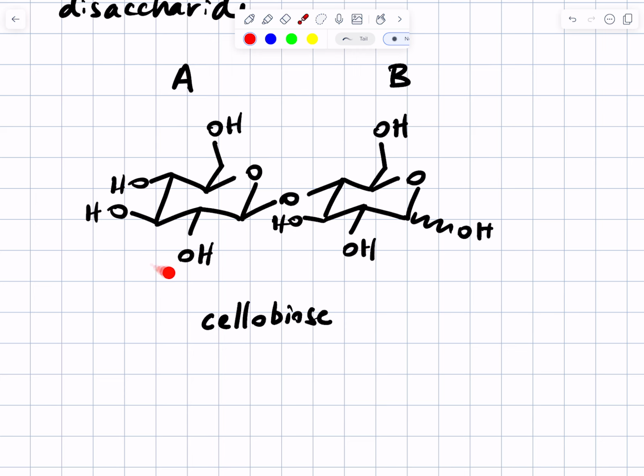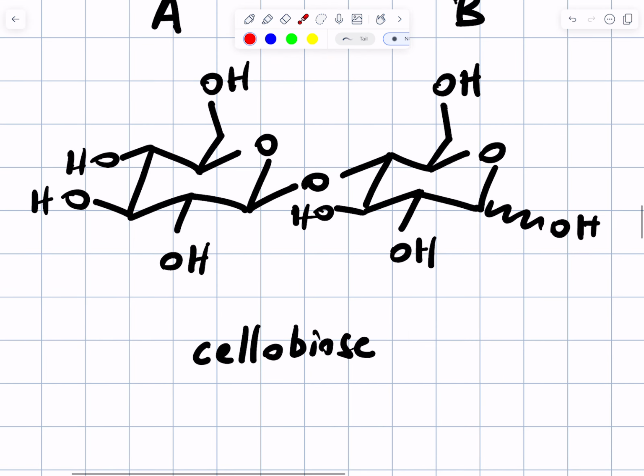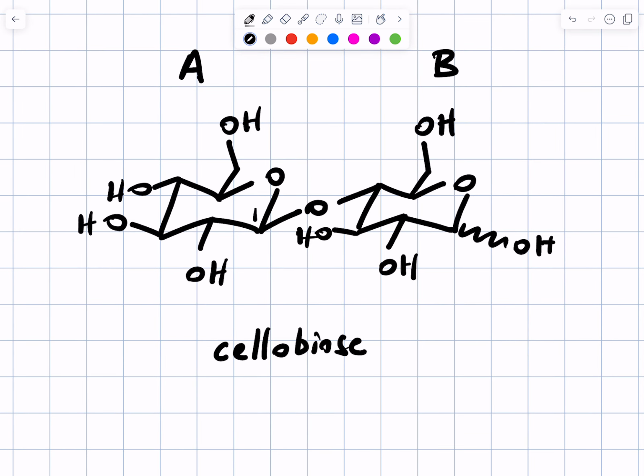So first, take a look at subunit A. What would be the name of that subunit? It comes from glucose, right? Okay. How about this subunit? Also glucose. Good. Now, let's look at C1 of subunit A. What kind of functional group is that? We'll talk about stereochemical configuration, alpha or beta, in a minute, but what is the functional group?